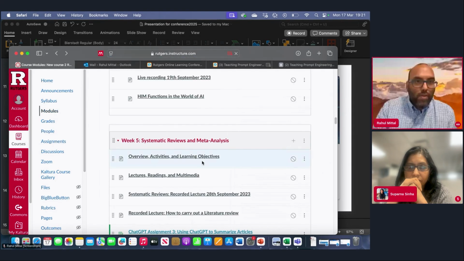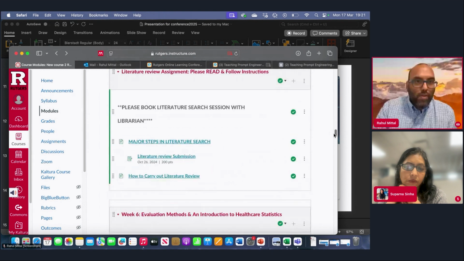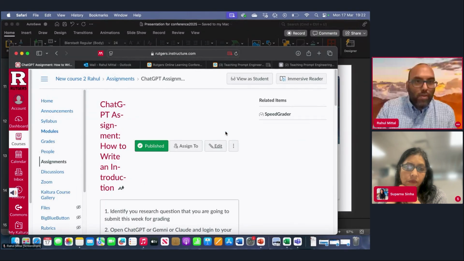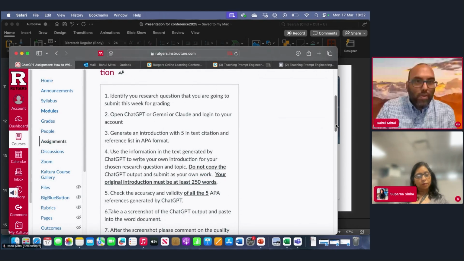And one of the feedbacks that we had previously from the course, that some of our students were struggling with how to write an academic literature review. And so what we did as part of their course is we asked them to craft a prompt to use either one of the large language models to create an introduction.